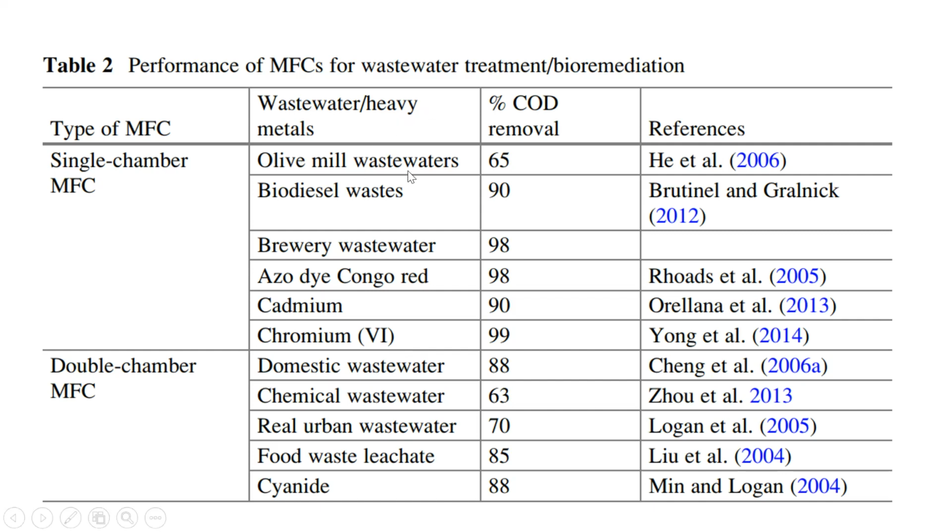Olive mill wastewater is known to have a high concentration of polyphenol compounds. Biodiesel waste is also known to have phenolic compounds. Brewery wastewater and azo dye from the textile industry. So microbial fuel cells can remove all these kinds of pollutants.